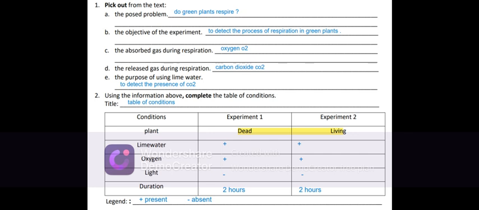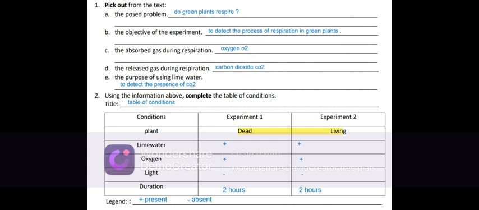Now, the absorbed gas during respiration: they said in the introduction that when we respire, we absorb oxygen, O2. The released gas, yani what I am releasing, is CO2. The purpose of using lime water: why do I use lime water? I use lime water to detect the presence of CO2, to know if there is CO2 in the air. This is easy, everything is written in the text.